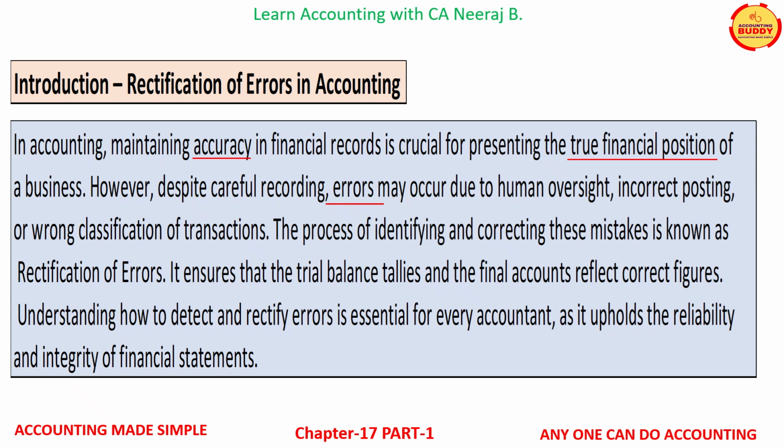The process of identifying and correcting these mistakes is known as rectification of errors. It ensures that the trial balance tallies and the final accounts reflect correct figures. Understanding how to detect and rectify errors is essential for every accountant as it upholds the reliability and integrity of financial statements.